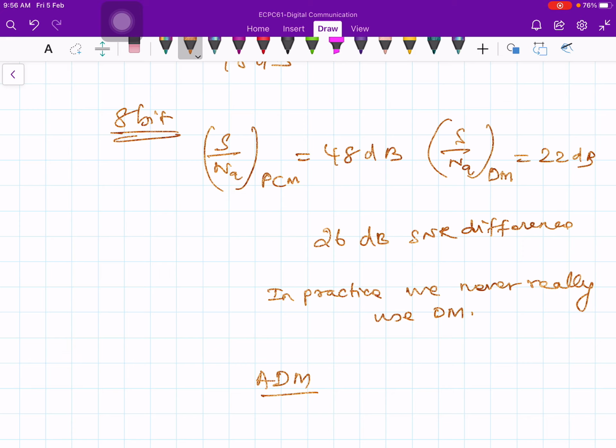But we cannot say that the adaptive delta modulator is better than pulse code modulation. You cannot get it better than PCM. No system can give better than pulse code modulation. By using adaptive delta modulator, you just about manage to get very close to PCM, not exactly equal.